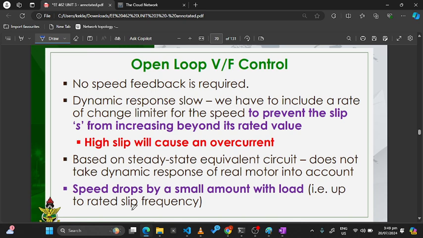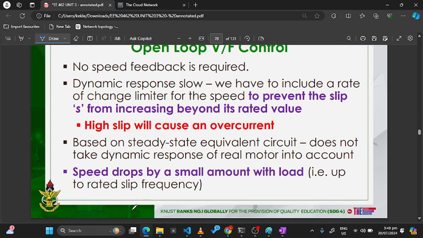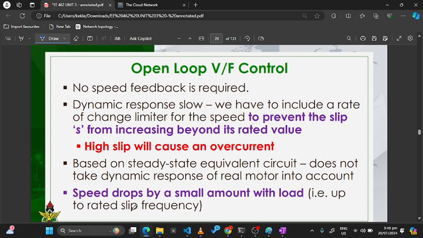So it is based on steady state equivalent circuits, and does not take dynamic responses of the real motor into account. Speed drops by a small amount with load. Because if a machine is running at a certain speed and you load it, this speed would reduce a bit. Is that okay?